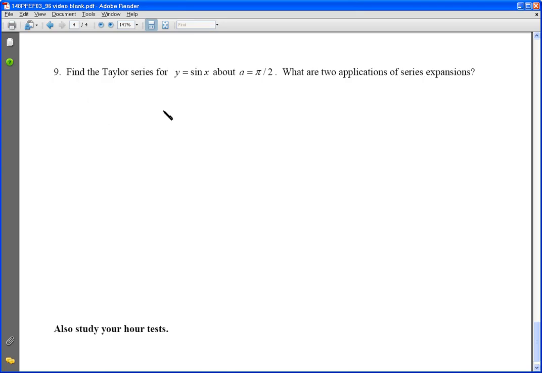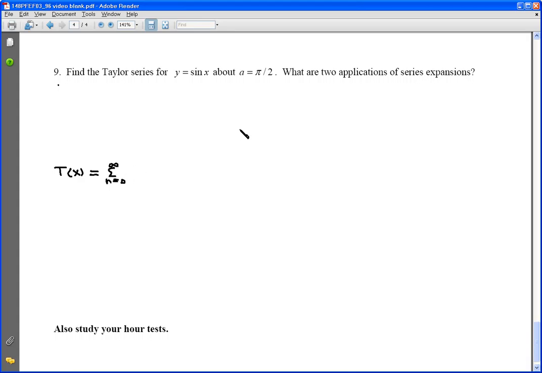Okay, so what you want to do here is start finding derivative values, because remember your Taylor series, T(x), is defined to be the power series given by the summation n equals 0 to infinity.